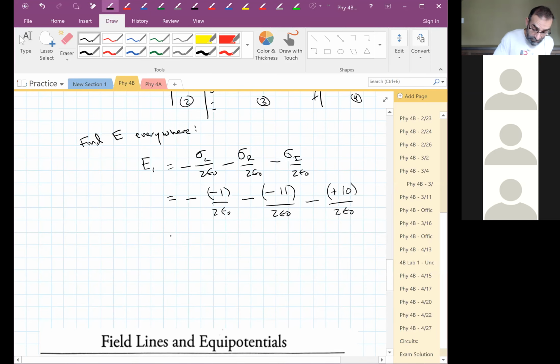There we go. Which is the same as 1 over. So it's to the right. So there's our electric field in region 1. The electric field in region 2 is 0. We already said that. And then we can go through and find the others.